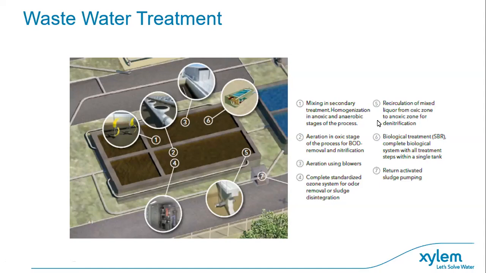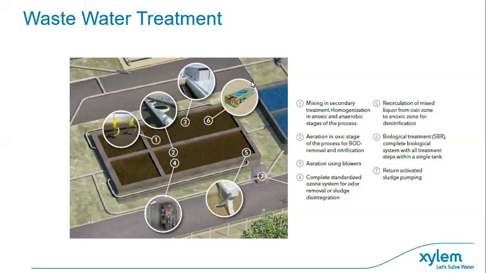We have aeration in the main aerobic zone of the process, although in some scenarios we do use aeration as part of the anoxic mixing process in lieu of using mechanical mixers.